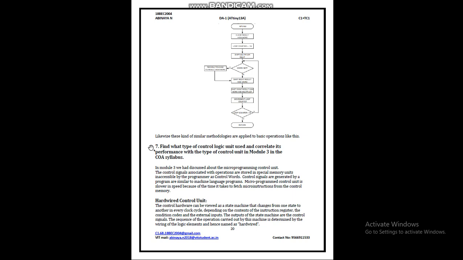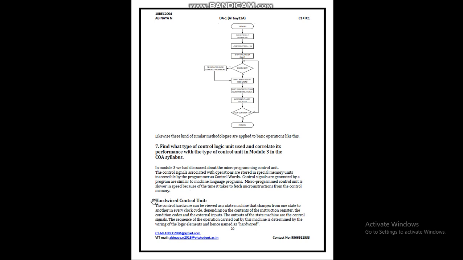In the seventh question, they have asked to find what type of control logic unit is used, and we need to correlate its performance with the type of control unit that we have discussed in module 3 of our curriculum. In module 3, we discussed the microprogrammed control unit, where the control signals associated with the operations are stored in special memory units, and are accessible by the programmer as control words.